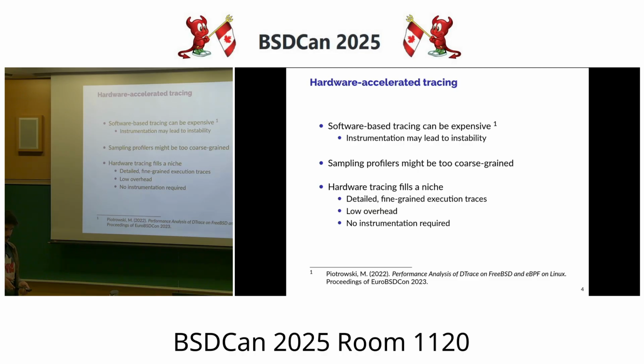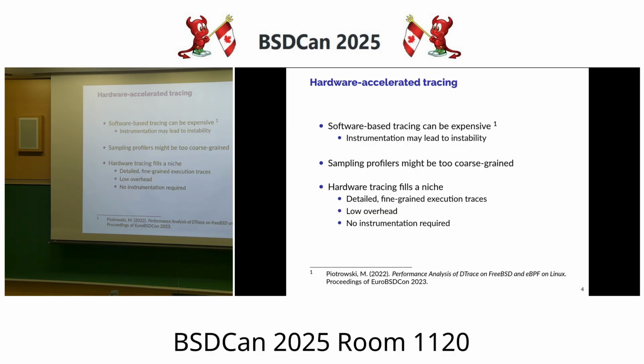Those are great if you want to just find out what's going on at a high level in a specific subsystem. But eventually, you might end up needing something more flexible, something that's able to answer questions about arbitrary parts of the system, which is where software-based tracing systems often come in. Systems like dtrace and eBPF are extremely flexible and extremely useful. We all love them, we all use them.